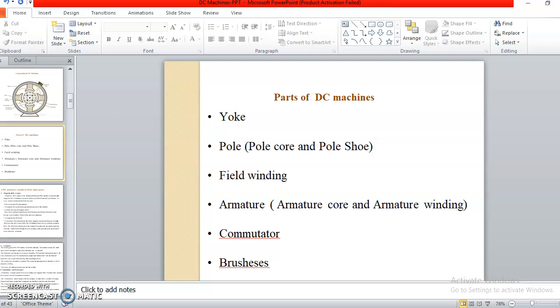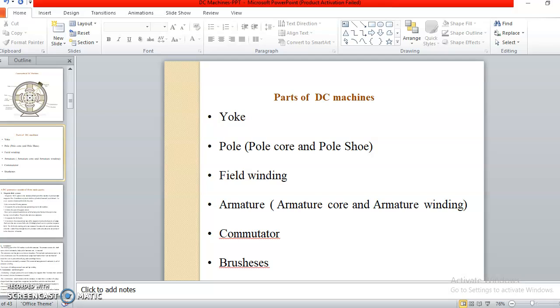The next part is the field winding, which is mounted on the pole core, and we give an external supply to this field winding. It carries current, due to which the pole behaves like an electromagnet and produces the necessary magnetic flux. It helps to produce the magnetic field, that is, exciting the poles of the electromagnet.